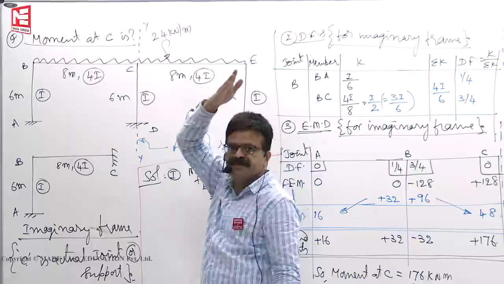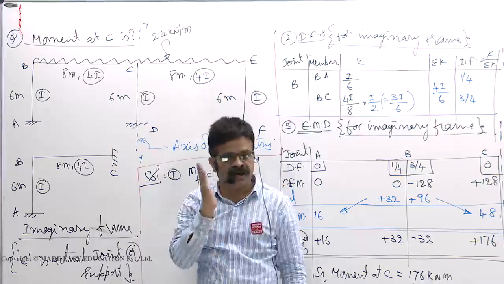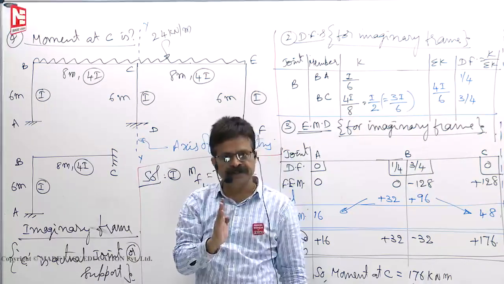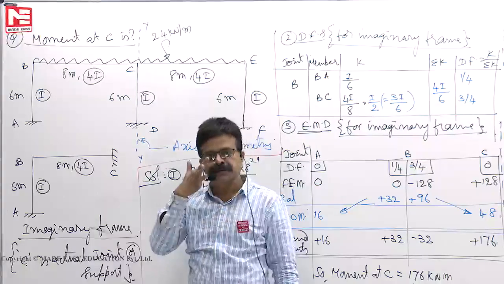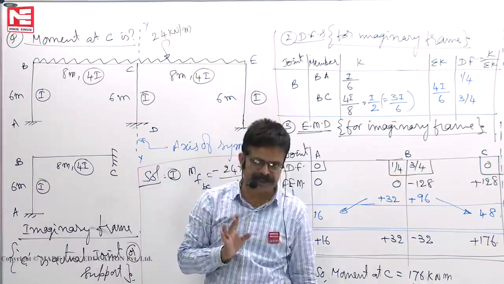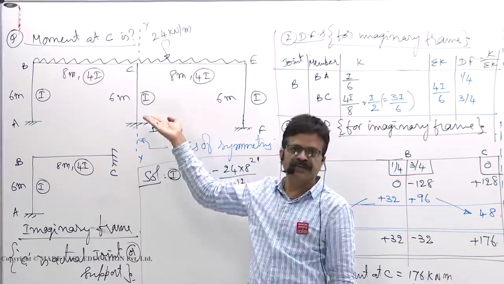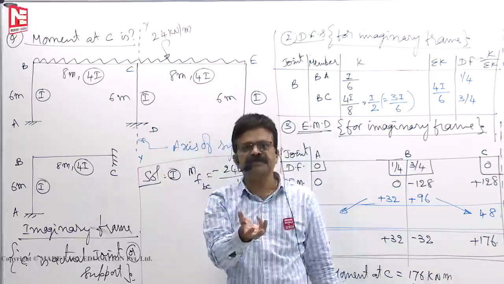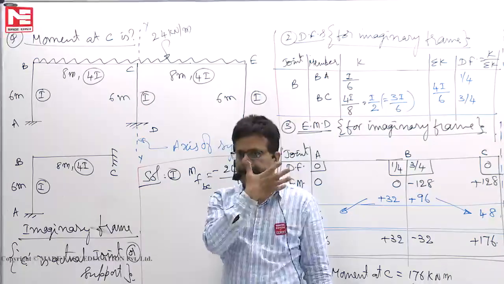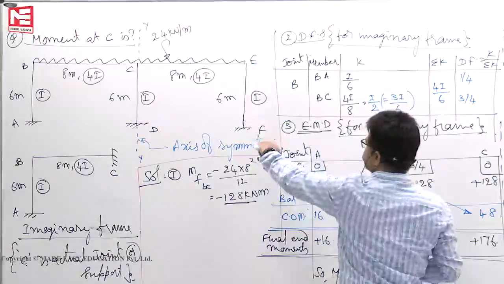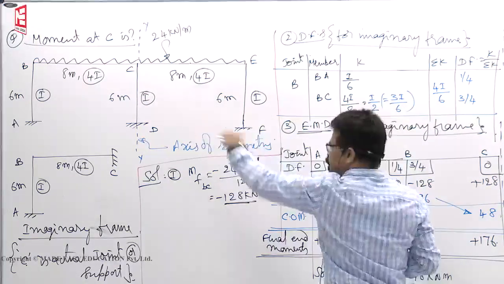If the axis of symmetry passes through the column, at that point the slope is 0, which means that columns will never take any moment. If slope is 0, that implies that moment will also be 0. Otherwise, to rotate a member you require some moment.